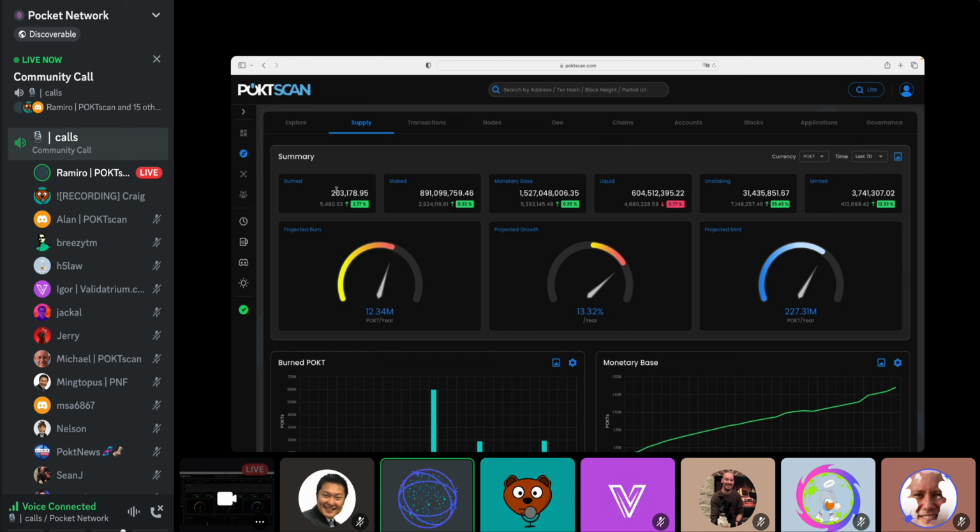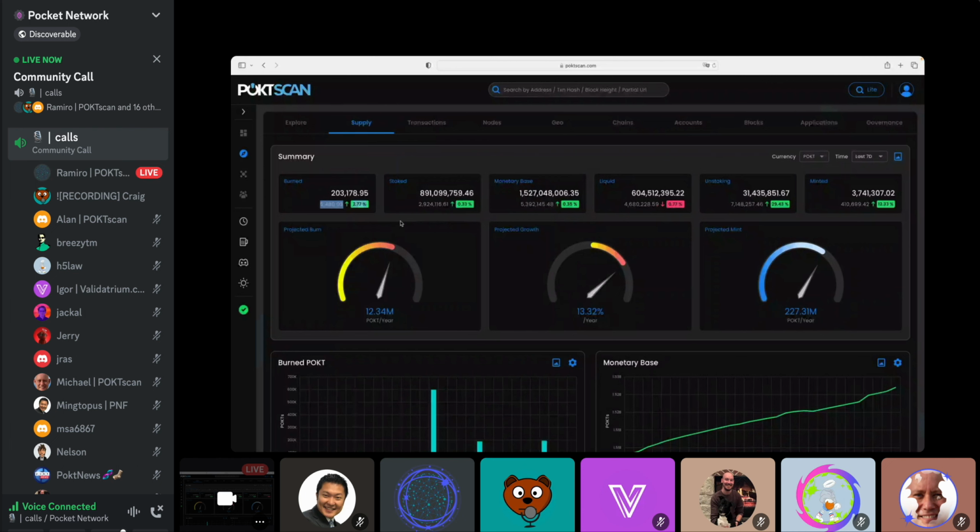The first one is the burn pocket. This is the new feature. And this will tell us how much pocket was burned in the last 7 days. In the last 7 days, there was a burn of 203,000 pocket, and this was a little higher than the last one. This number right below is the difference between the 7-day period and the previous 7-day period.